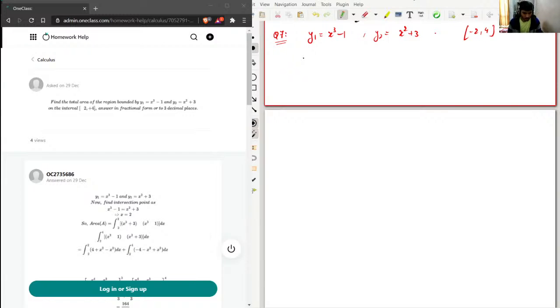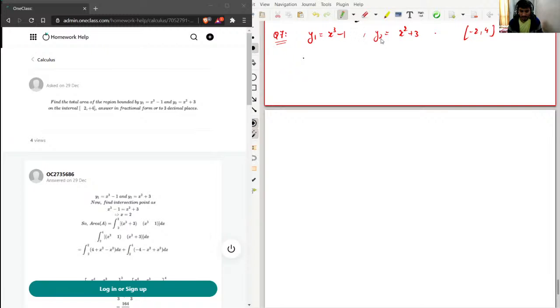We have two functions. So in such kinds of problems, we first check whether there is an intersection point for the two curves given here. To find the intersection point, we just equate these two terms.